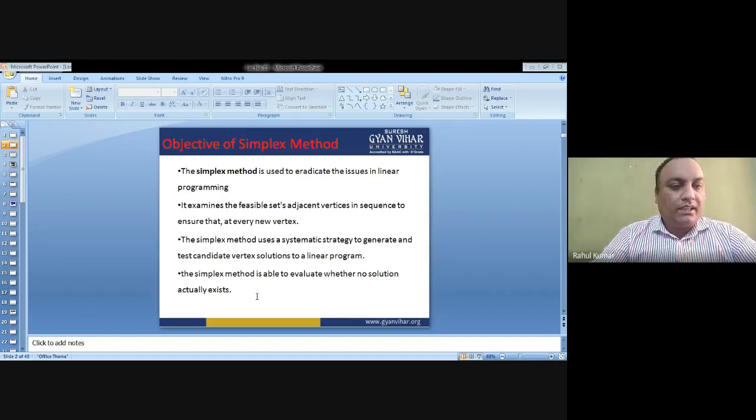With this method, a student is able to understand the simplex method and evaluate whether a solution actually exists. So these are some objectives of this class for solving problems related to linear programming problem applications, right?